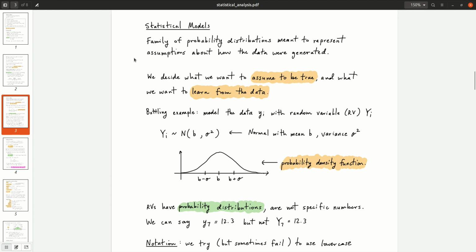This is important because it makes it explicitly clear what we're doing in the analysis. One of the most important things to remember about what a statistical model is doing is that it's our opportunity, when doing the analysis, to decide what we want to assume to be true and what we want to learn from the data.